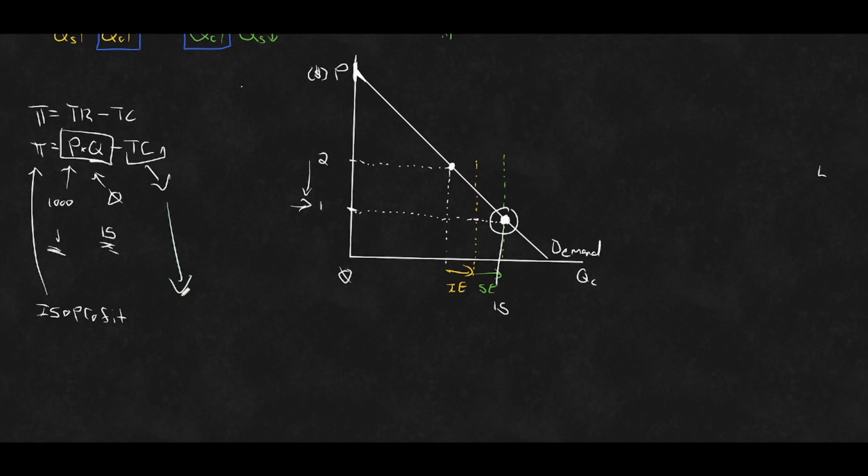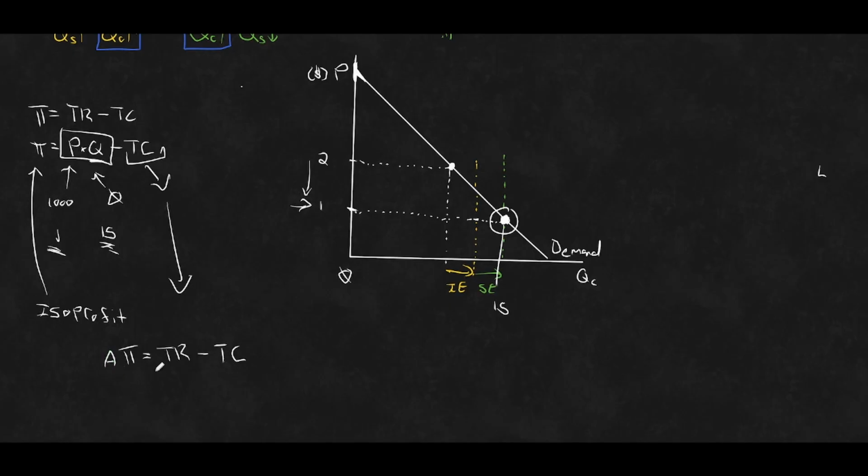we could say profit is total revenue minus total cost. Let's play around with this a little bit. Let's say that we want to figure out what is our profit per unit, what is our average profit, if you will.